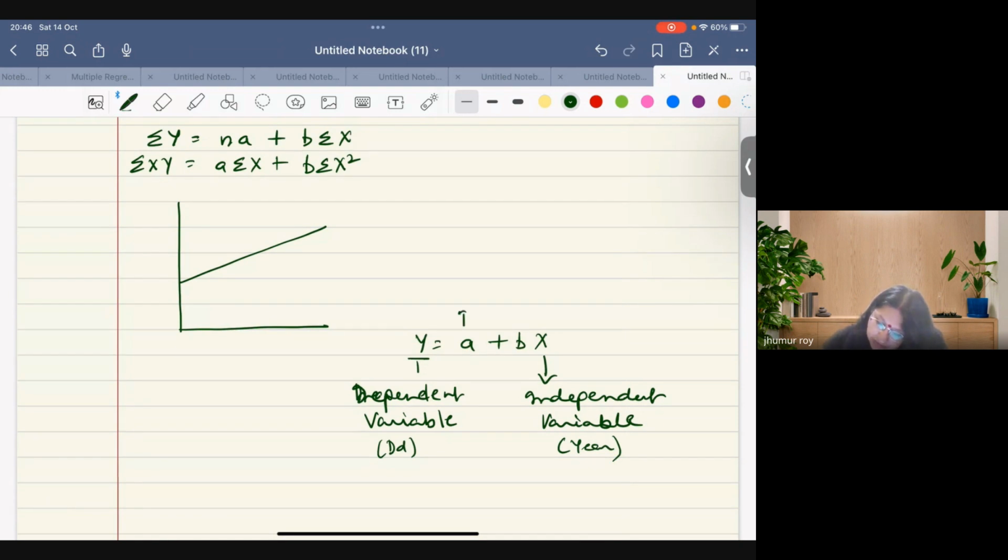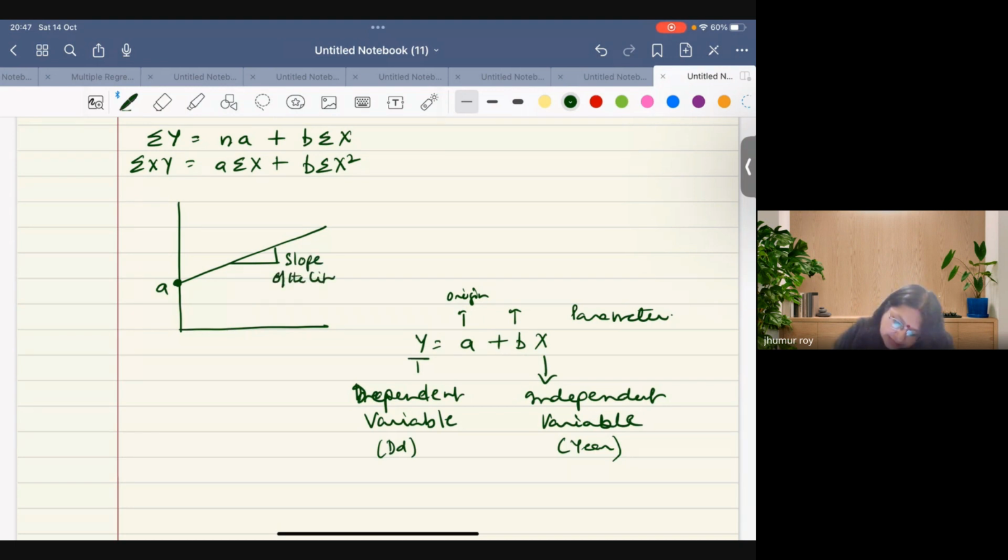Then there are two things, A and B. These are called parameters. Now what is A? A is the origin point. So the starting point of the line is A. And what is B? B is the slope of the line.